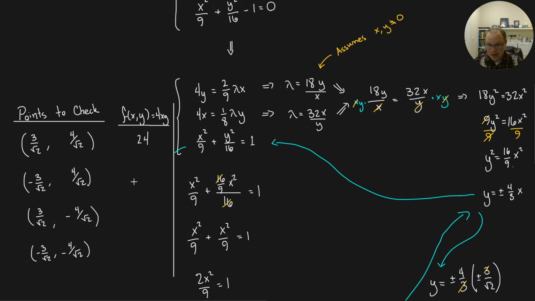If I have one negative, I get negative 24. I have one negative here, positive times a negative, negative 24. Here I have two negatives. Two negatives become positive, so I get positive 24. So my absolute maximum is going to be 24. My absolute minimum is negative 24. And in both cases, I reach the absolute maximum and the absolute minimum at two different locations.